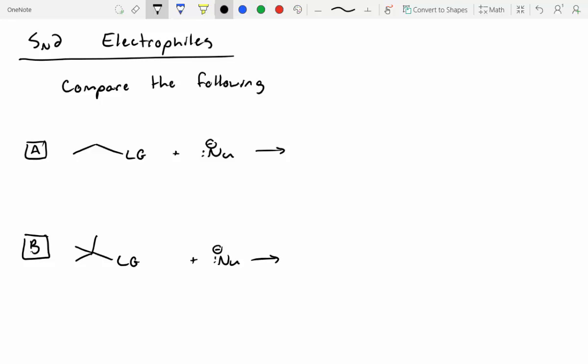And then what I want you guys to do is to draw the products out and then ask your neighbor, which one do you think is more likely for an SN2 reaction, option A or option B? So I'll give you guys a minute to work on that.